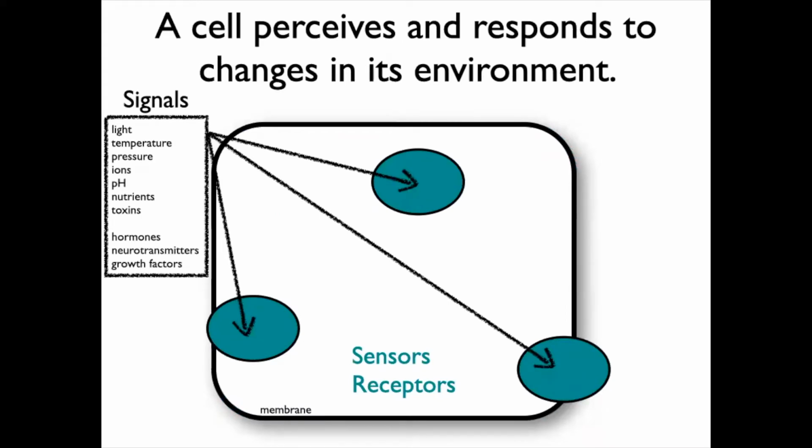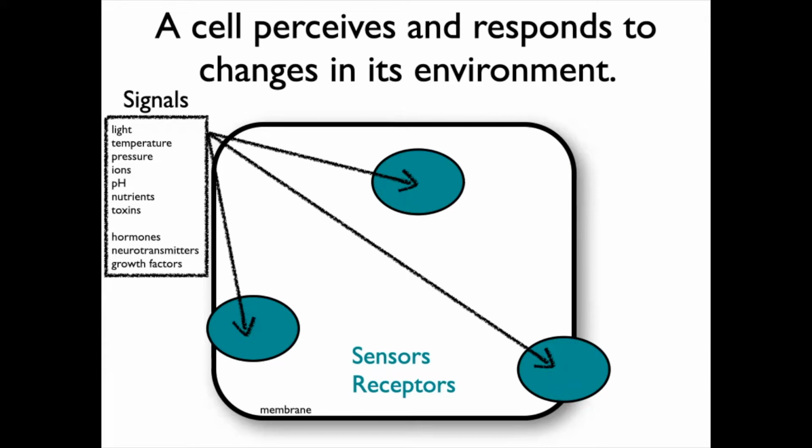Well, here is a list of signals that a cell can perceive. It's by no means exhaustive. It just gives you an indication of the type of signals a cell should be able to respond to. These are both physical and chemical, and maybe even biological. If you say a hormone, it's actually a molecule, so I would say it's chemical.